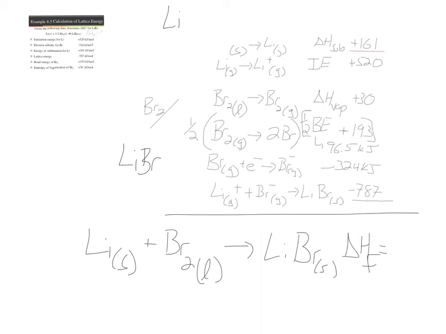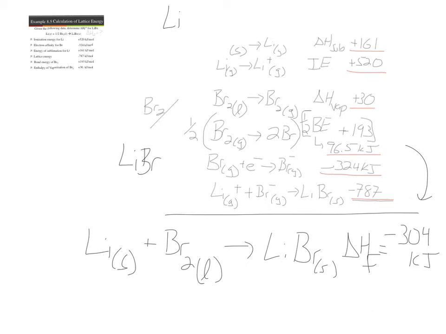So I've got 161, 520, 30, half of the 193, which is the positive 96.5, and then I've got two exothermic terms, electron affinities, negative 324, and then the lattice energy is negative 787. And we see that despite all of those steps, in our formation equation, that lattice energy really drives it, makes everything favorable. It is exothermic, negative 304 kilojoules. Okay, so we just add all these guys up, kind of like we did with Hess's law, to get that one.